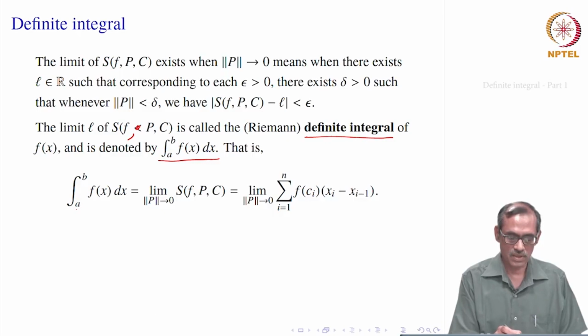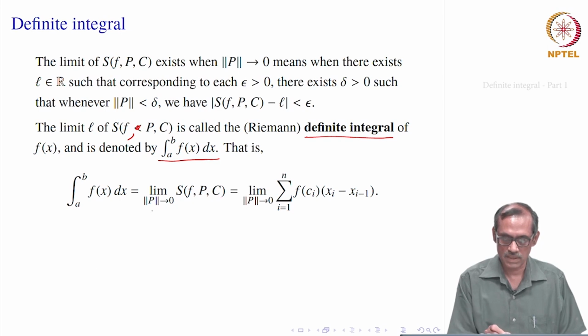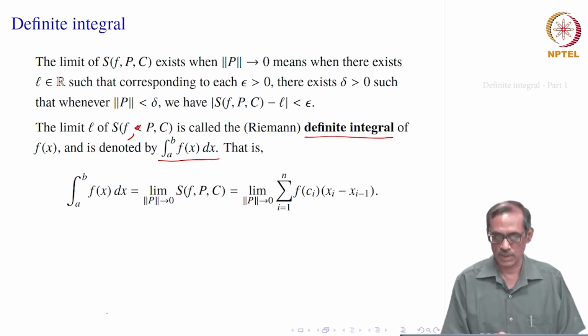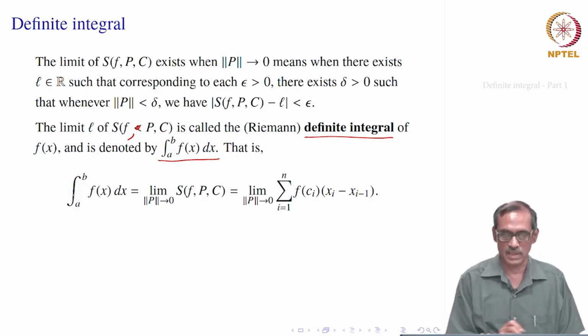The integral from a to b of f(x) dx is our notation for the definite integral, equal to the limit of the Riemann sum S(f,P,c) when norm P goes to 0, which is the same thing as the limit of the summation over i from 1 to n of f(c_i)(x_i minus x_(i-1)) when norm P goes to 0, and that limit is equal to the integral.